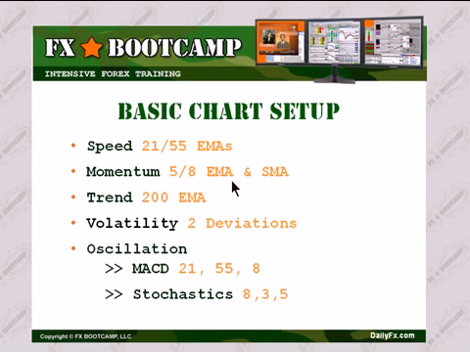And then, of course, the stars today are the oscillators. I use a MACD with custom settings set at 21, 55, and 8. And I use stochastics set at 8, 3, 5. Now there is a common denominator here, isn't it? It's Fibonacci ratios. All of these settings, or the vast majority of these settings, are based on Fibonacci, and there is a harmony between the two. And if that brings you confidence, then so be it.